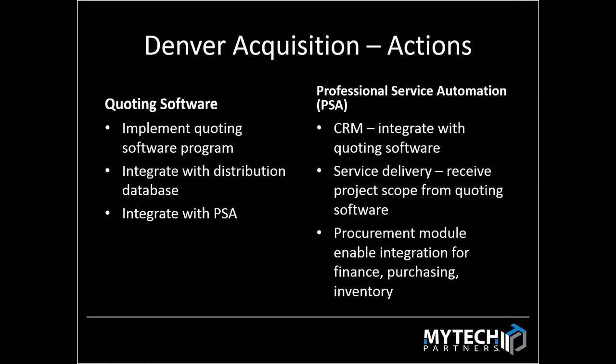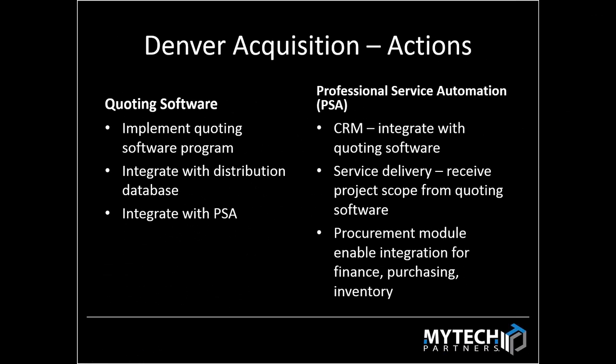Now let's look at some of the actions that we looked at. On the quoting software side, Mytech in Minneapolis was using, we had a quoting tool that is integrated with our professional service automation. So not only were we going to layer in the tool that we have, but also integrate it into our system.